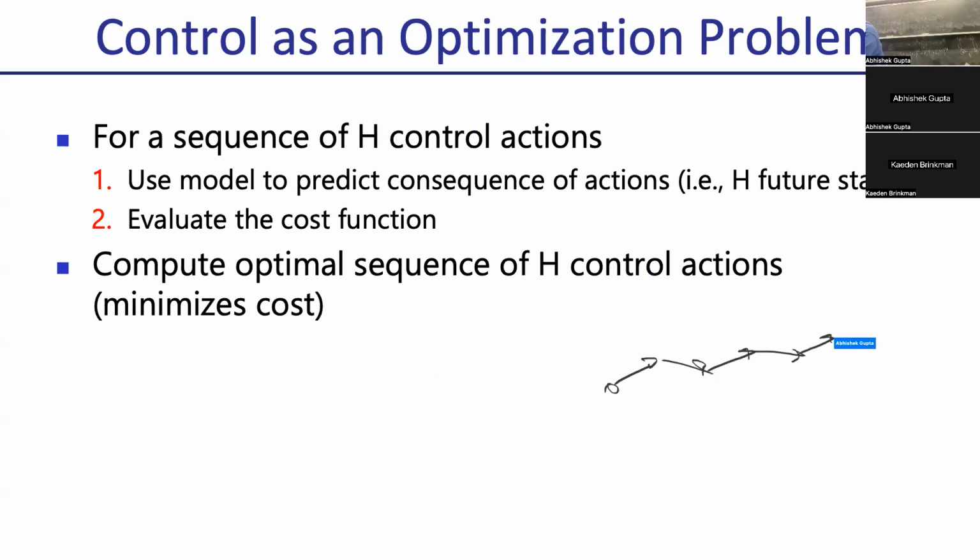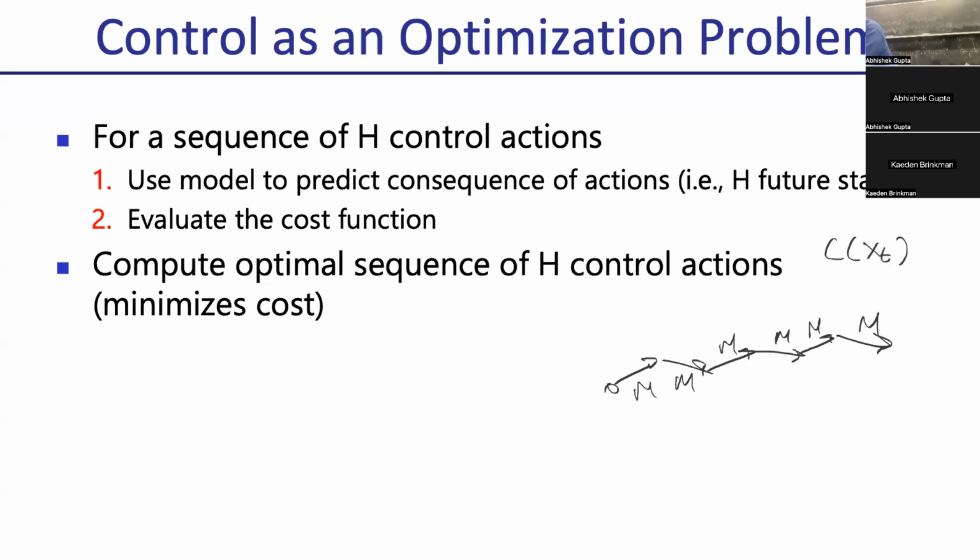And you're going to try and figure out what is the cost of the H actions that you took by using your model. Your model here is going to tell you where the world is going to transition. You're going to try and figure out, I started here, if I took these H actions, how would I do? So let's say now you have a cost function, something that takes in a state of the world and evaluates its goodness in some measure.